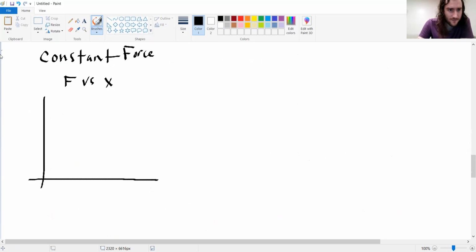And we can see that the vertical axis is our force axis. The horizontal axis is our position or our displacement axis. If we have a constant force, let me try and draw a real straight line here. This is a constant force, right?